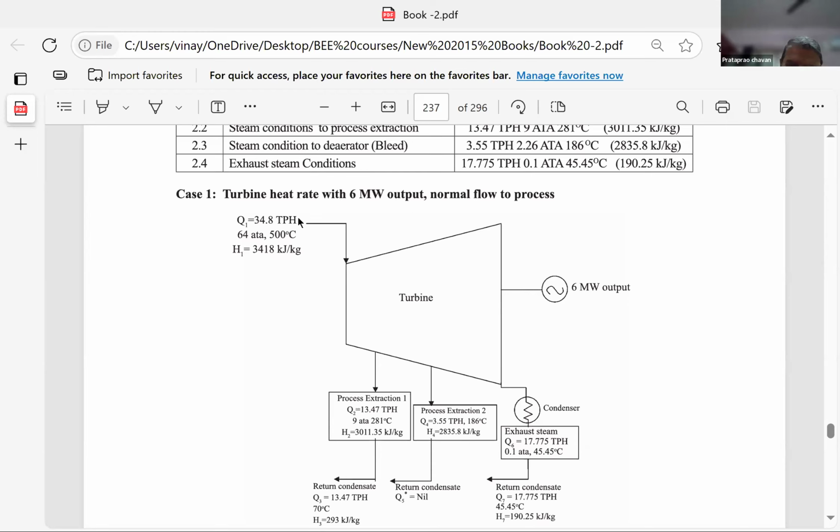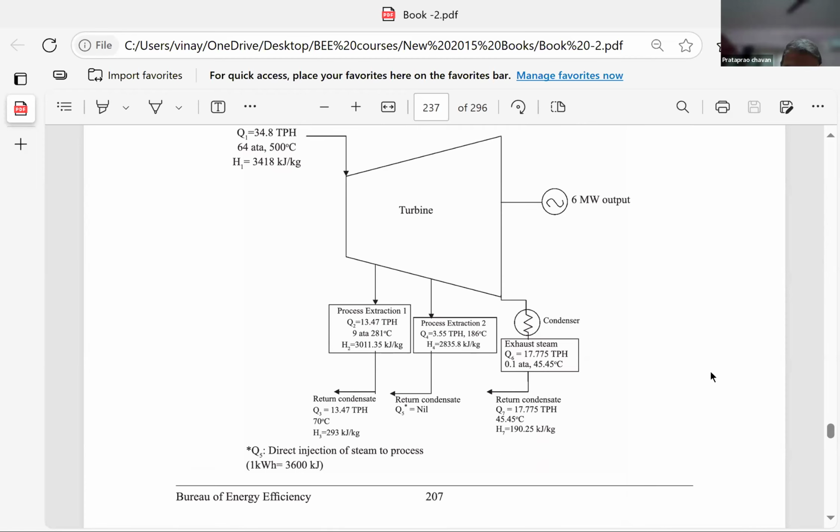Sometimes they may not give you gross calorific value, which is not given here. Instead, what he has given is the total heat content per kg of fuel, which is still better. That means this value multiplied by the number of kgs is the heat input to the turbine. Now, this entire heat is not going to be converted into 6 megawatt. It is partly used for this process extraction, partly used for this process extraction, and partly exhausted into the condenser, right?